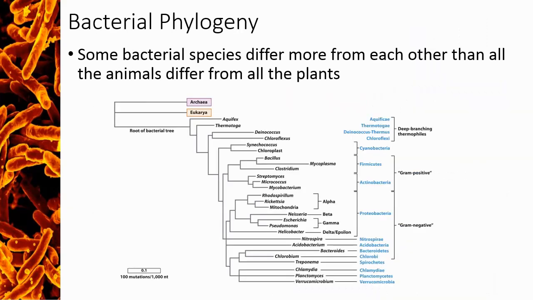While prokaryotes may all be small, single-celled organisms, there's actually a wide diversity throughout them. This image shows a phylogenetic tree of the bacteria domain, which highlights some of these differences between bacterial species.